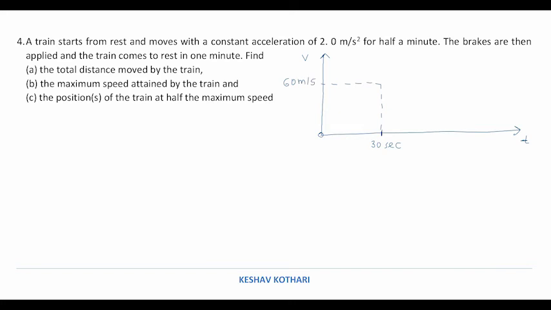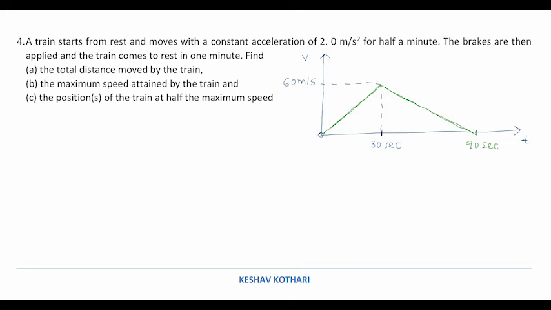So I need to draw a straight line because the acceleration is constant. Now in another 1 minute, that is at 90 seconds, the train is again coming to rest. So we are drawing again a straight line like this. So now the question is asking the total distance covered.